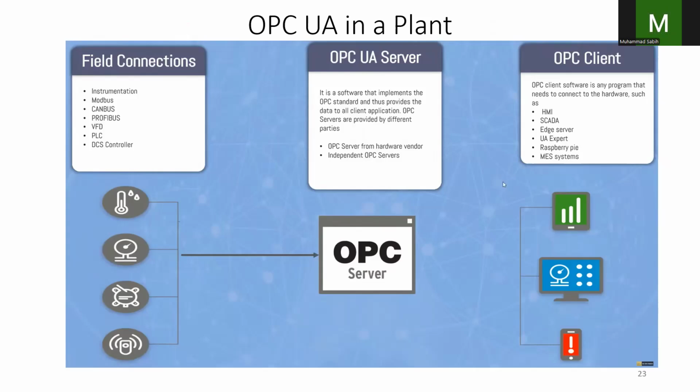This diagram illustrates how OPC UA functions in a real industrial environment. On the left side, we have the field connections, which include the various hardware: the instrumentation, Modbus, the PLCs, DCS, and Profibus, all of them.